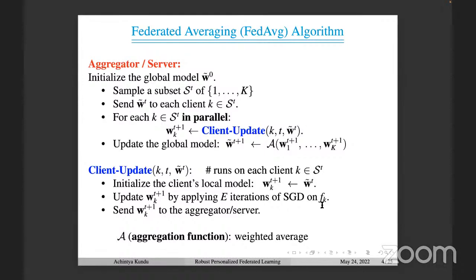So it chooses a subset of clients denoted by S_t, and for each of these clients, the aggregator sends that model, and the clients take that model, start with that, and then try to optimize their own objective.